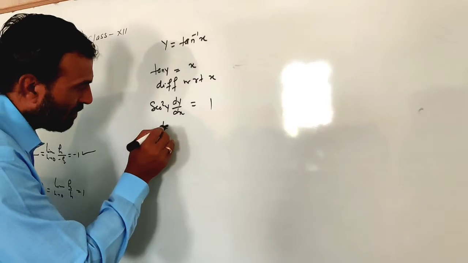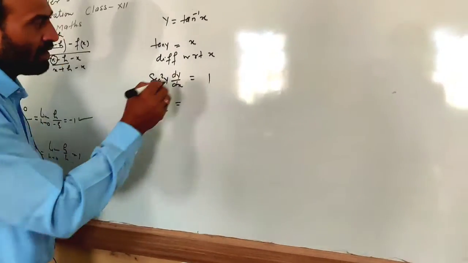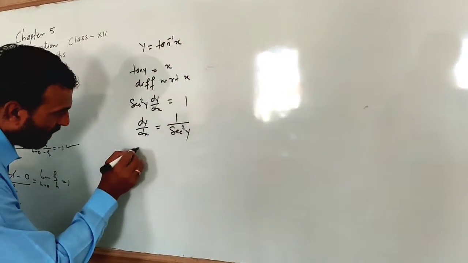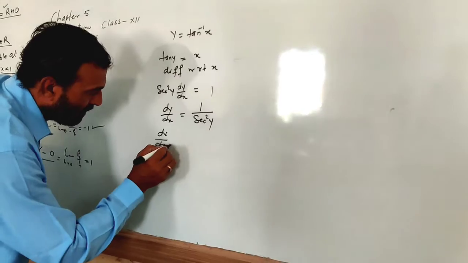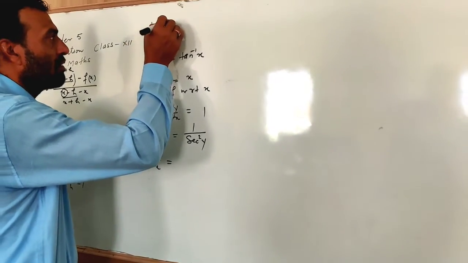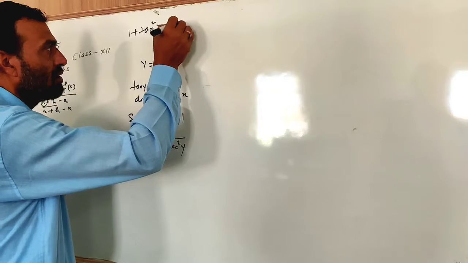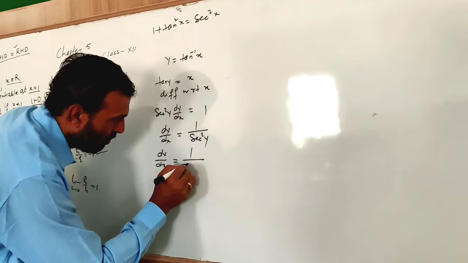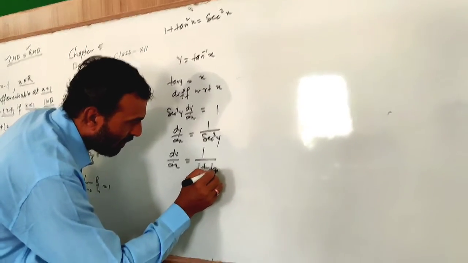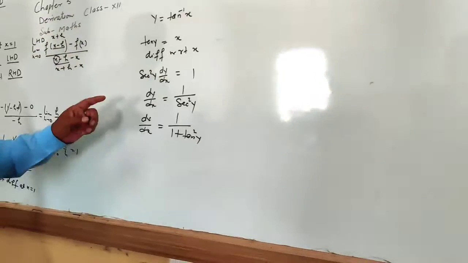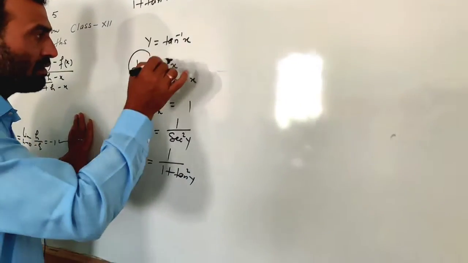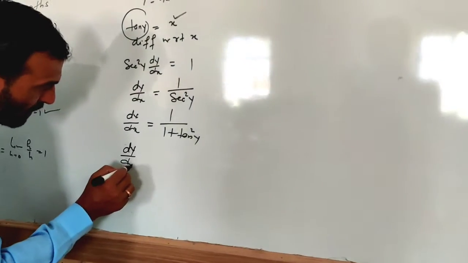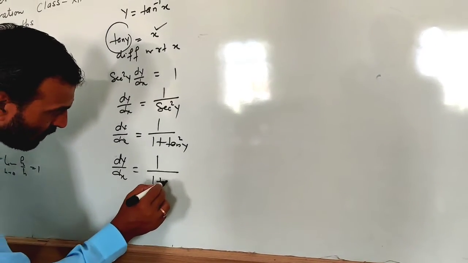So dy upon dx is equal to 1 upon sec square y. We already know the formula sec square y is 1 plus tan square y. Since tan y is equal to x, the answer is dy upon dx is equal to 1 upon 1 plus x square.